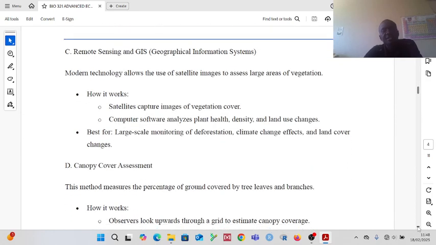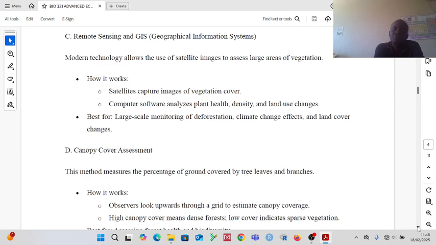Those are things you can do with very minimal technological investment. But now something that is more advanced, which uses more modern technology, is remote sensing and the GIS. Okay, so the Geographical Information System, that's the GIS.